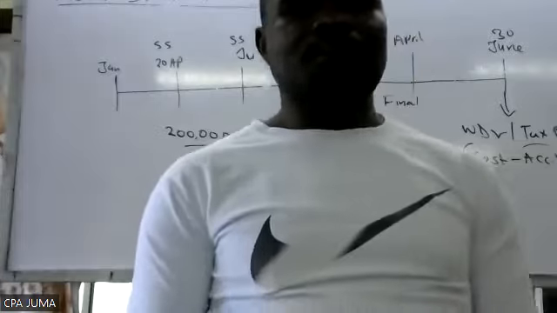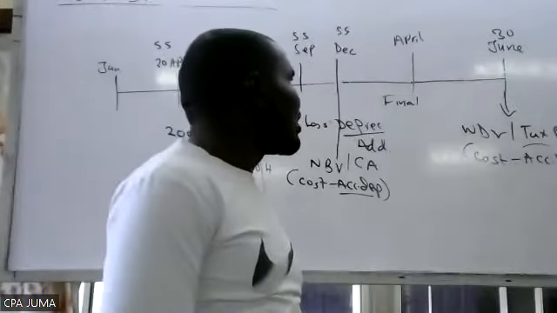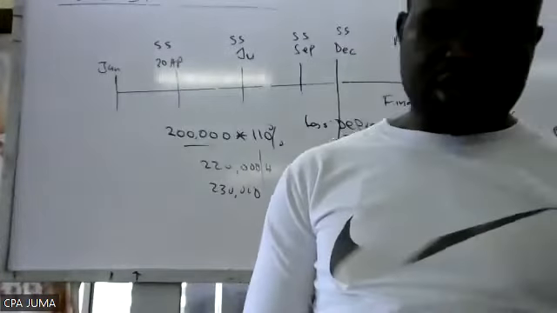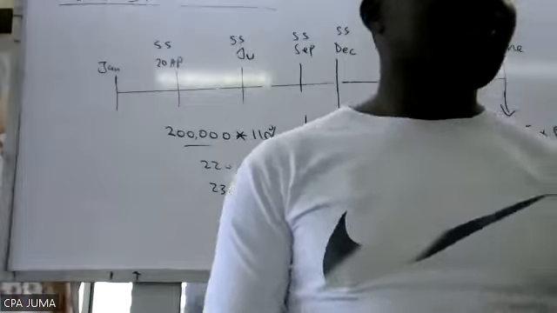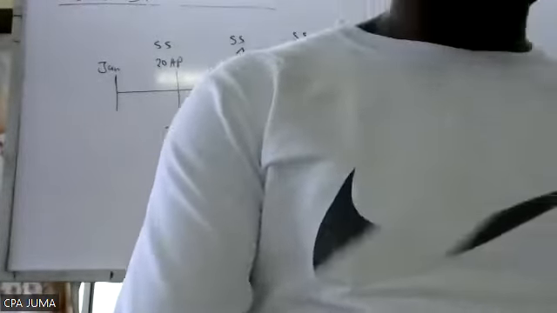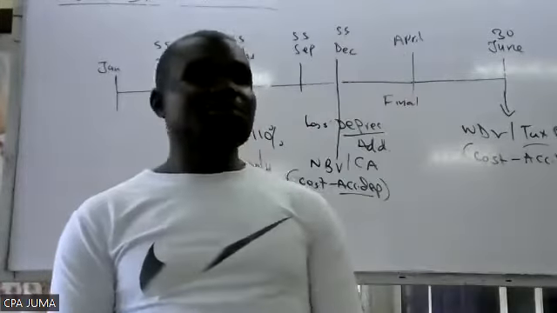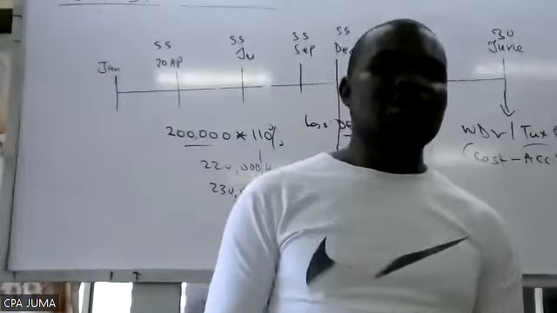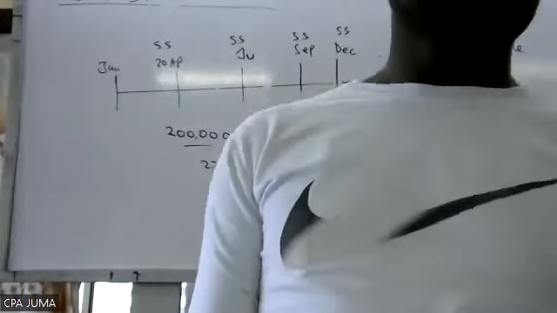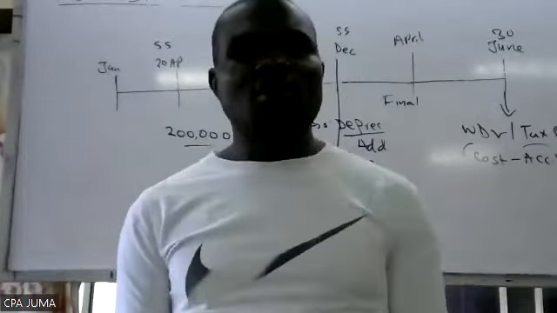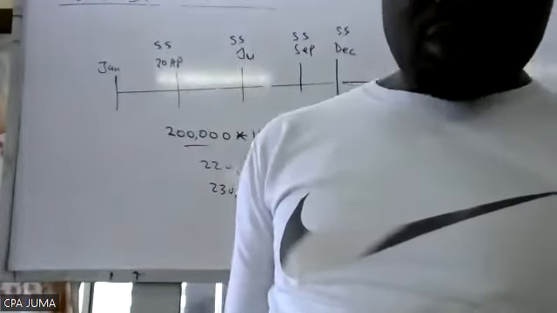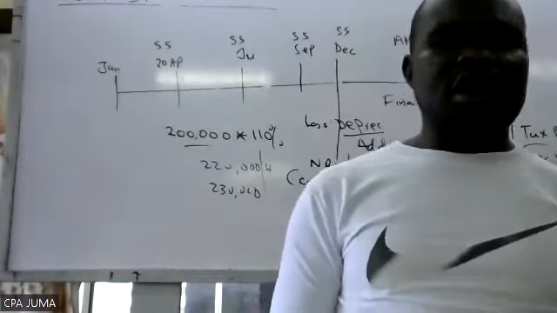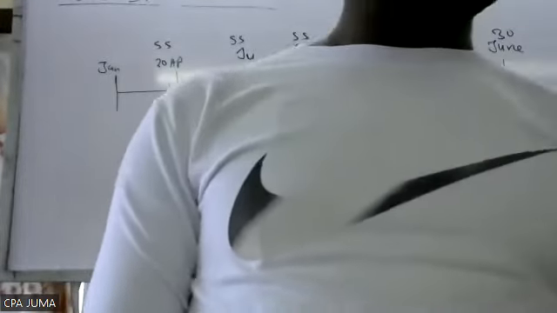Number two, temporary differences. Temporary differences is the difference between the carrying amount, in bracket NBV, of an asset or liability and its tax base.